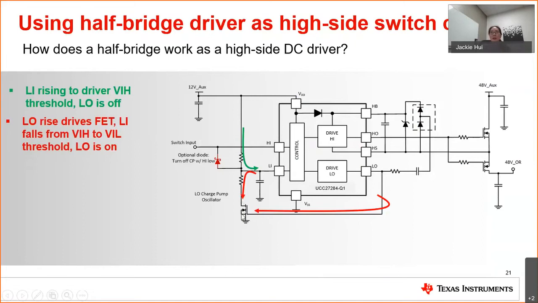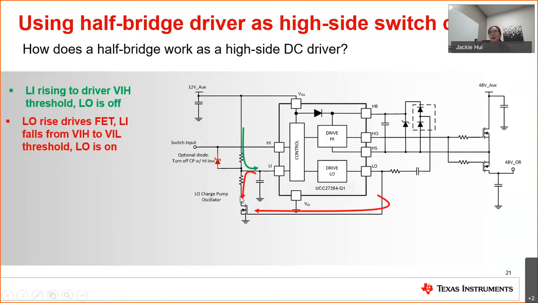What this signal FET does is create a discharge path. So the moment this LI, the input, charges up, you turn on the output, and the output then creates a discharge path and slowly discharges the LI.